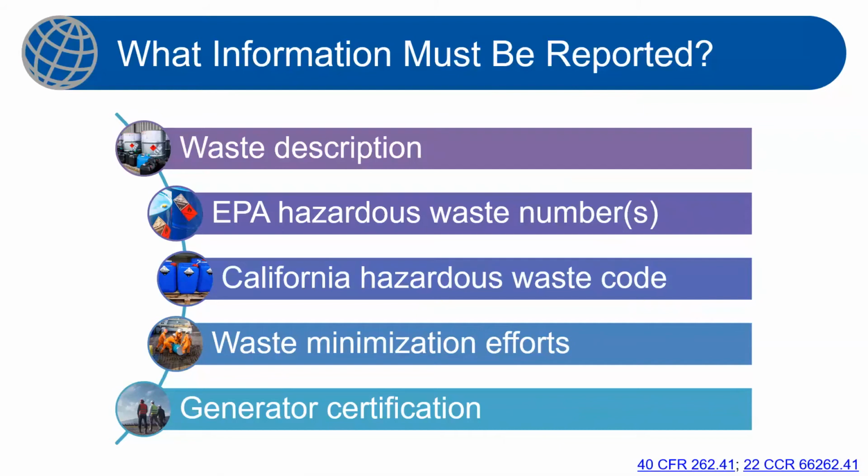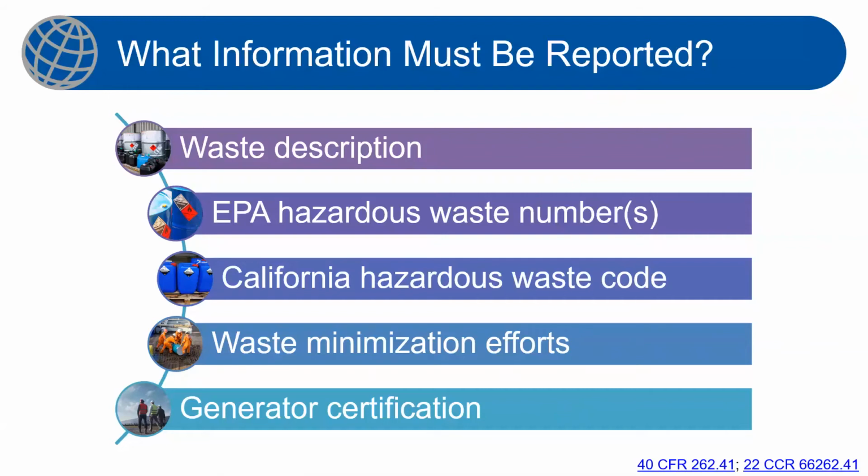Now, our California Hazardous Waste Code can be easily distinguished from the EPA hazardous waste numbers, because where those EPA hazardous waste numbers are a 3-digit code preceded by a letter, the California Hazardous Waste Code is a 3-digit numeric code. There will be no letter preceding that California waste code.